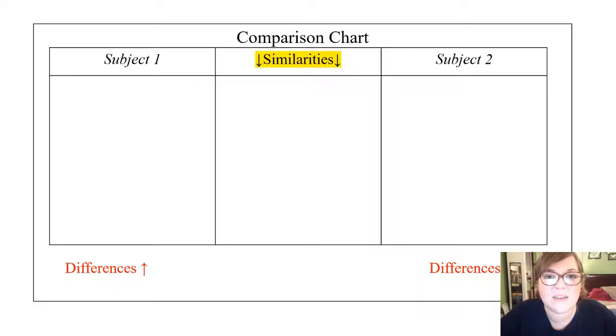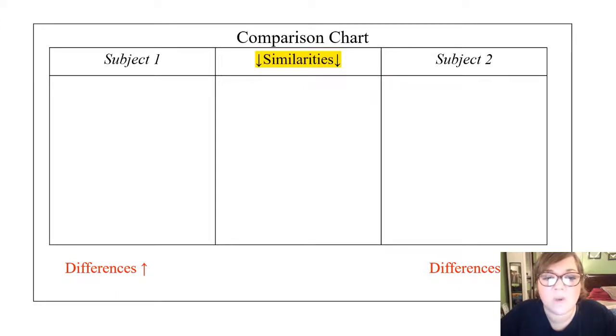Now, as I was reading, I would be seeing how they were similar, so how they are alike, and I would write down how the two characters are alike in the middle column where it says similarities. I would write it in that blank space. Then I would write the different details in each column.